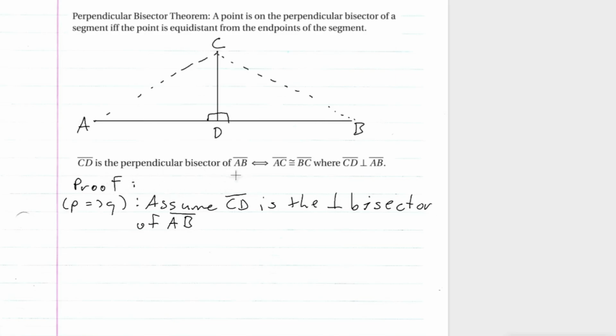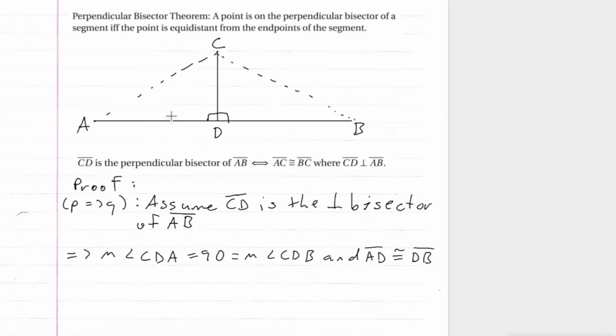So if CD is the perpendicular bisector of AB, this implies that the measure of angle CDA is equal to 90, which is equal to the measure of angle CDB. And it also implies that AD is congruent to DB, right?